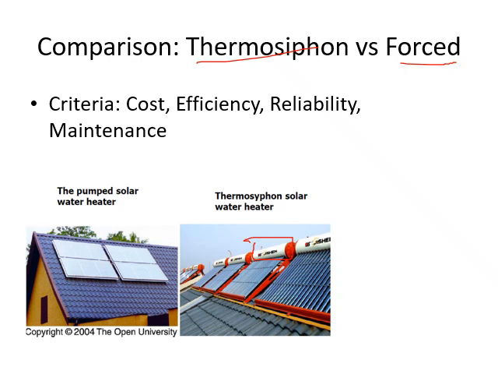When you see this, you will understand that this is the tank, because in this tank the water is directly going into the storage. While for the pumped solar water heater, the absorber plate, I mean this collector, is only outside and it is going somewhere to heat up the water in the tank.